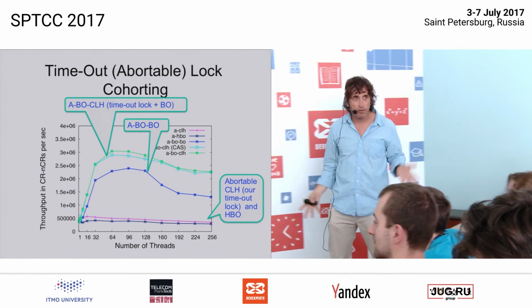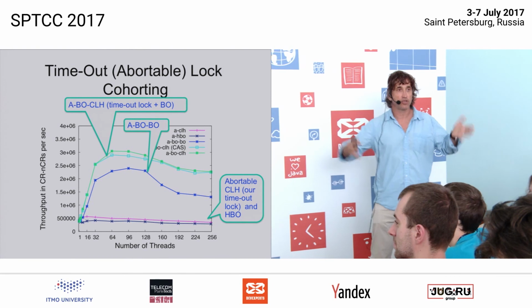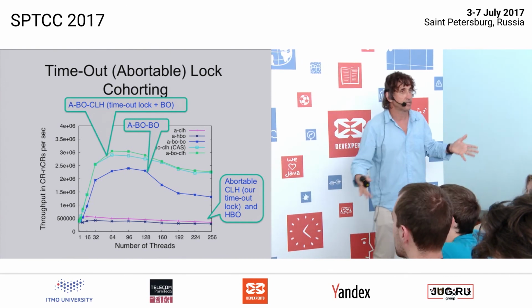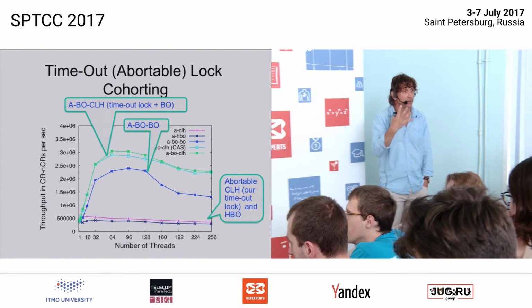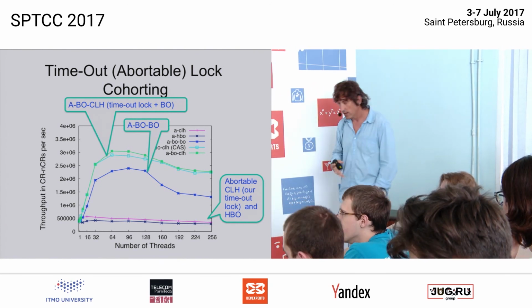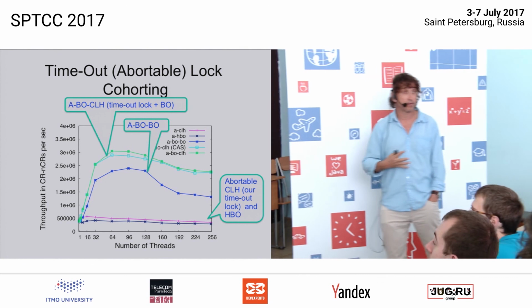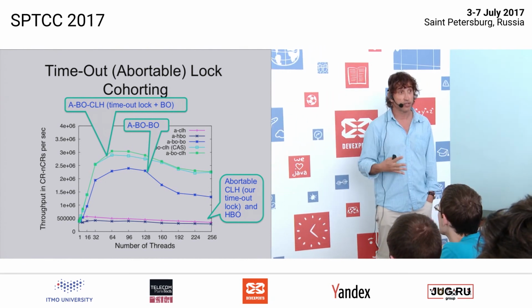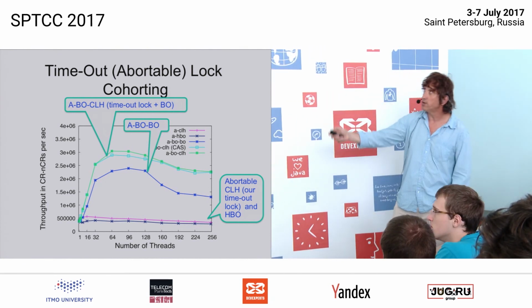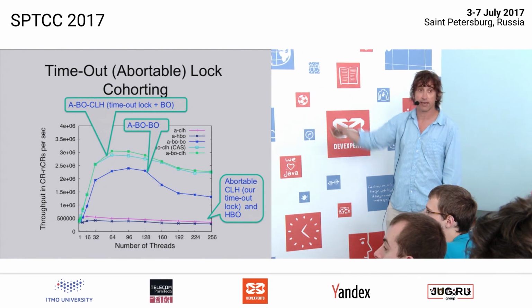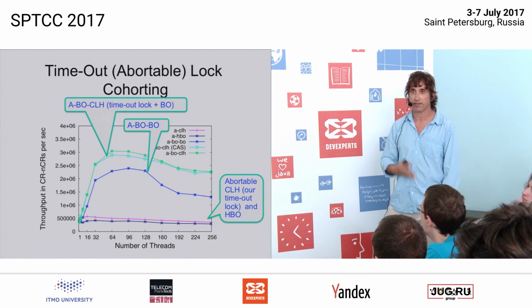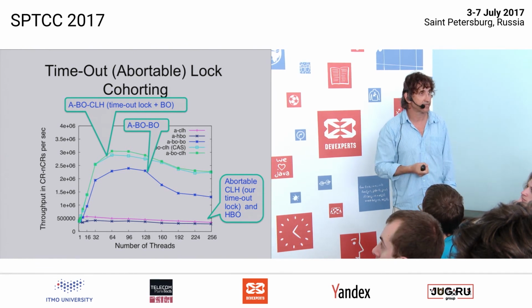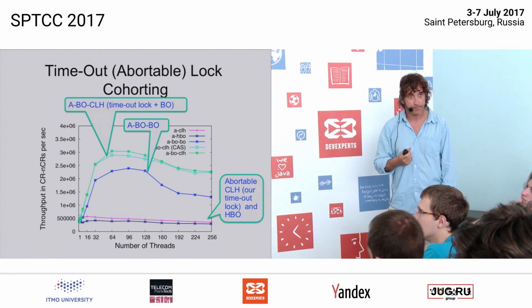And so on a NUMA machine, on a machine with multiple nodes, if you want to implement a lock, this is the right way to do it. And in fact, when you look at all kinds of high-performance applications, especially database applications, then using a cohort lock scheme on a multiprocessor is a better idea than using a regular MCS lock or a CLH lock.